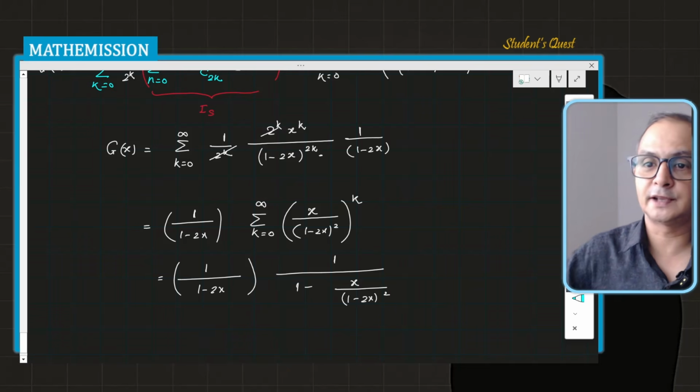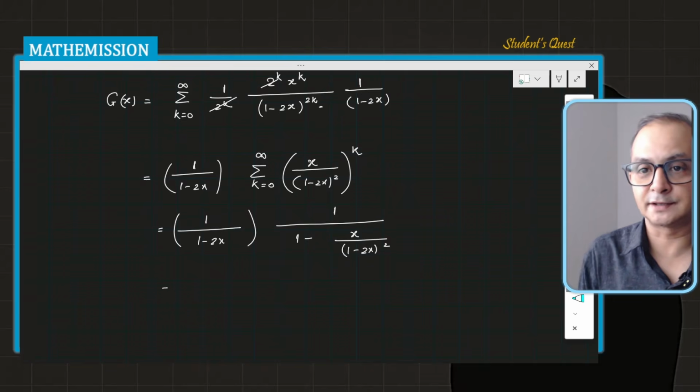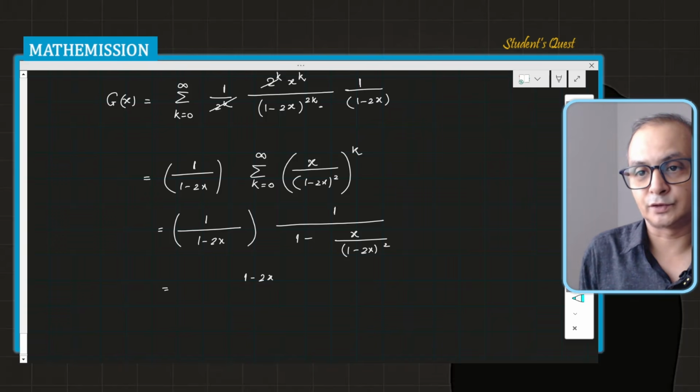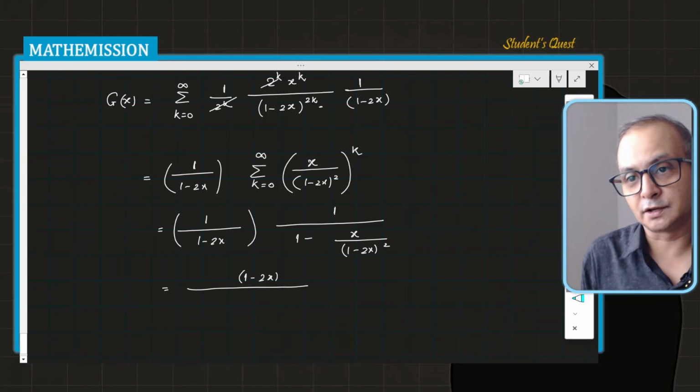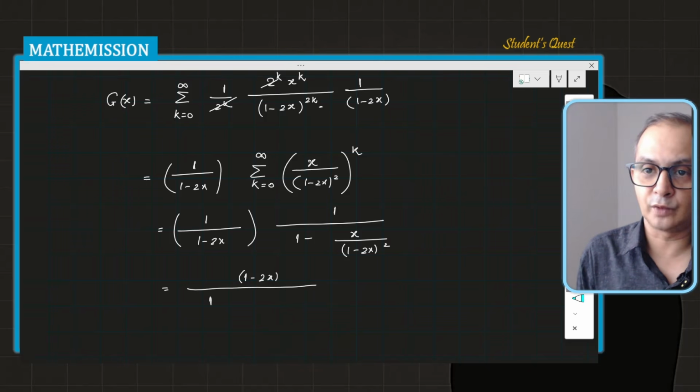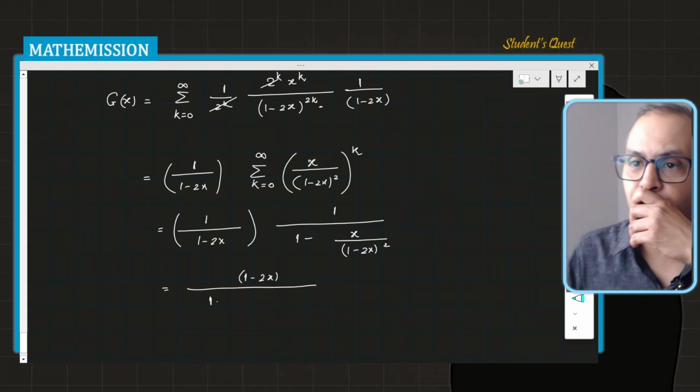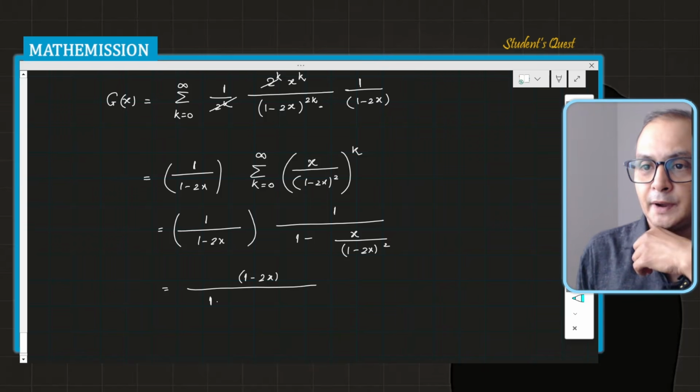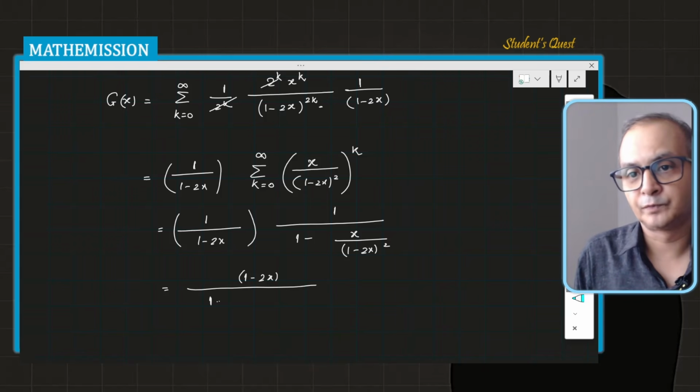The good thing is that 1 minus 2x and 1 minus 2x get cancelled, but one 1 minus 2x will jump on the numerator, and that is going to be 1 plus 4x square minus 5x. Yes, so 1 plus 4x square minus 5x.